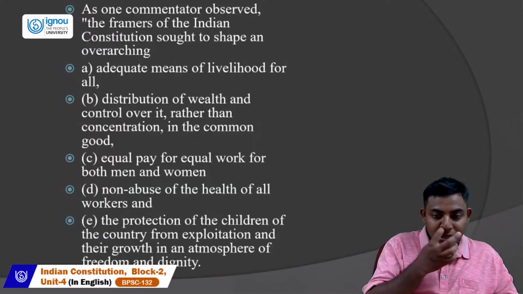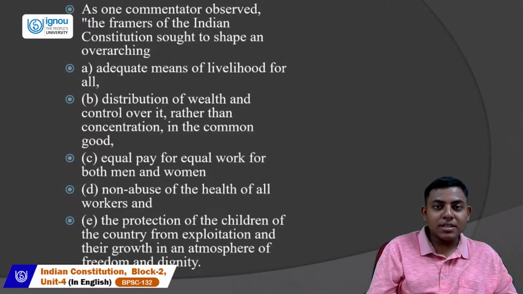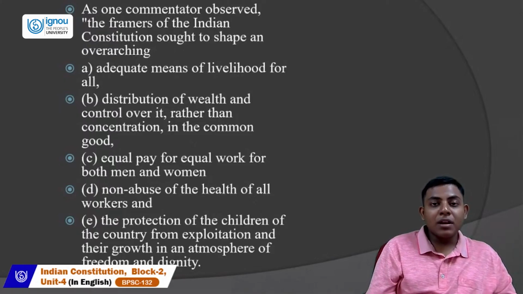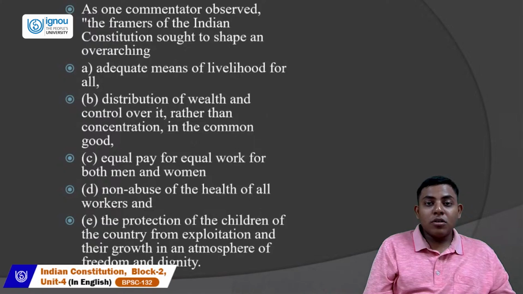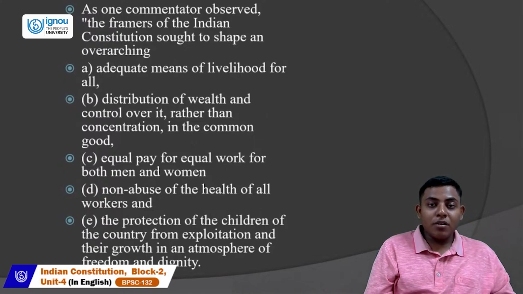Then we have Article 48, which basically says that it is the responsibility of the state to organize agriculture and animal husbandry on modern and scientific lines, and also to improve the breed of cattle as well as to prevent the slaughter of milch and draught cattle.